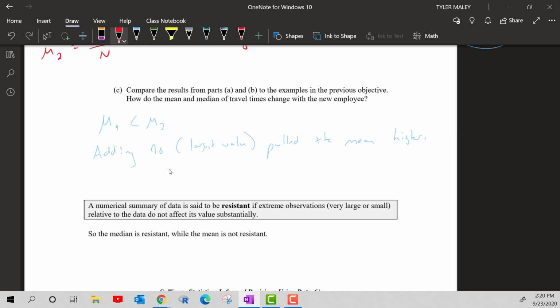Where the median was not as impacted. In other words, the median sub 1 was approximately equal to the median sub 2, from the previous page.